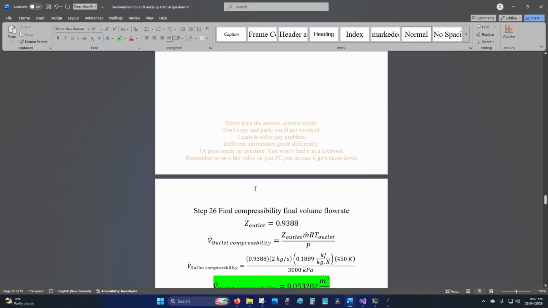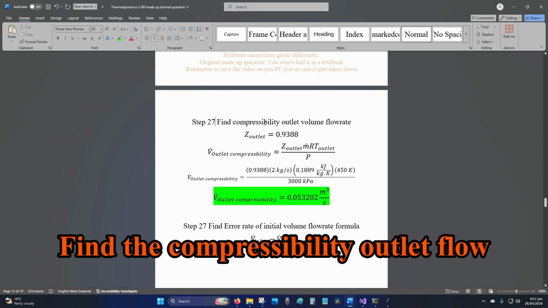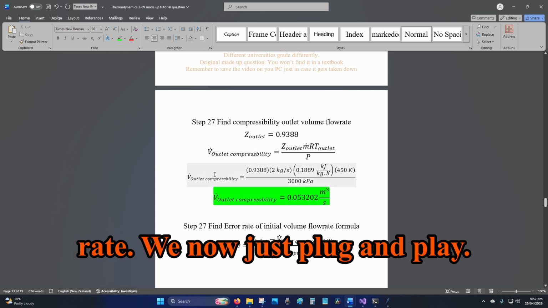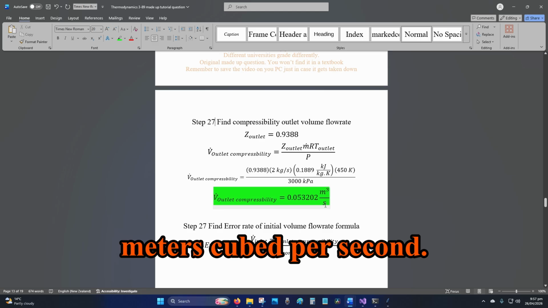Confirmed. Okay, 27. Find the compressibility outlet flow rate. We now just plug and play. So it becomes 0.053202 meters cubed per second.